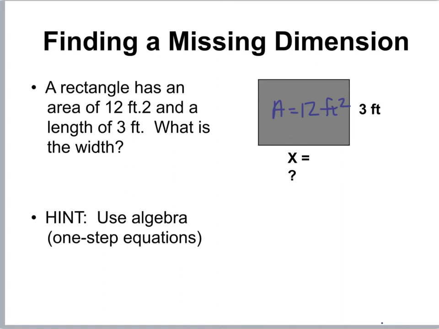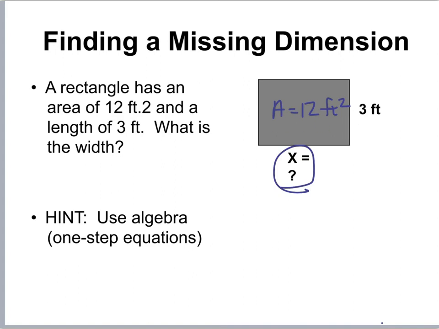All right, let's look at a type of problem where we can use area to find one of our missing sides of our quadrilateral. So in this problem, we have a rectangle that has an area of 12 square feet and a length of 3 feet. What's the width? So we're looking for the unknown, which is the width. But I've been given the area and I've been given the length.